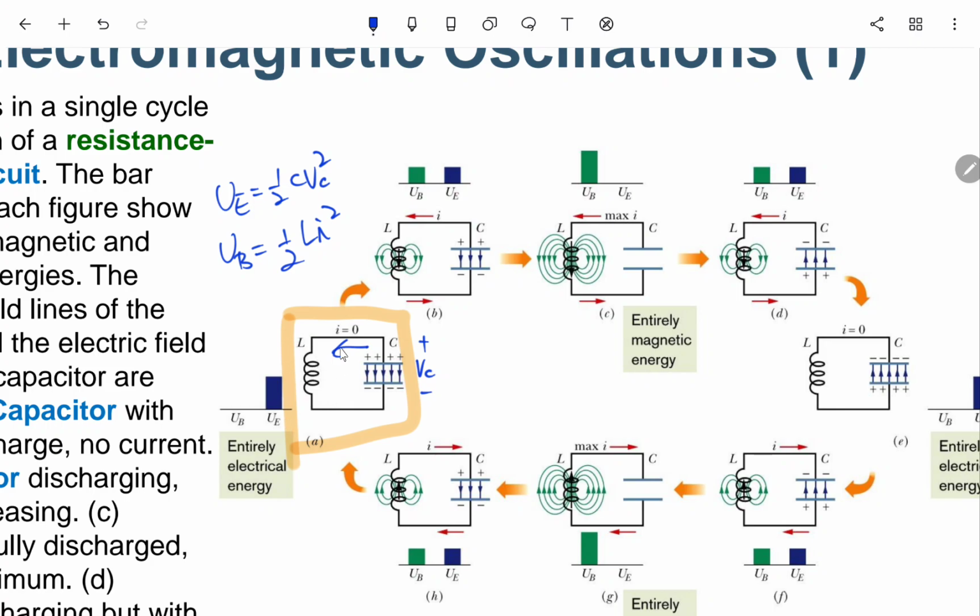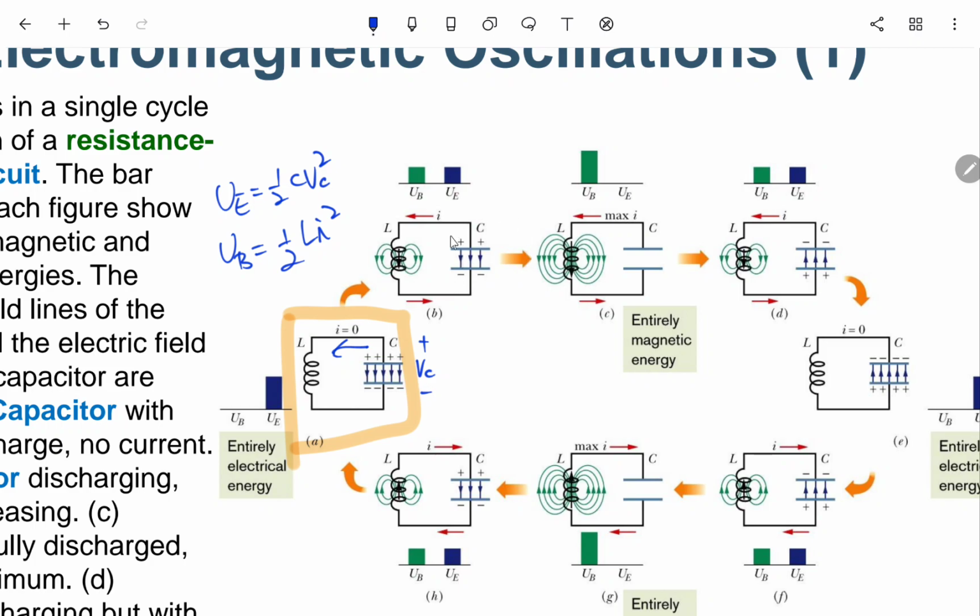This current goes through the inductor, and energy is stored in the inductor. It's as if energy stored at the capacitor is going to the inductor. Some moment later, UE decreases and UB starts to increase until a certain moment when UB and UE are equal to each other.